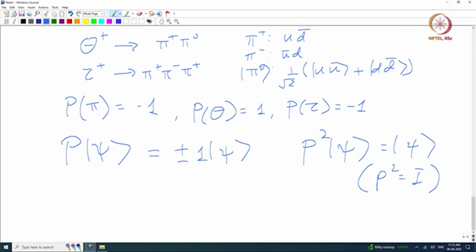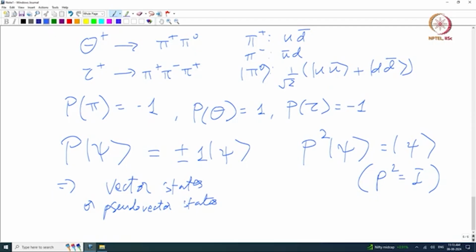So this tells me that I can have either real vector states or pseudo vector states, right? Vector particles, pseudo vector particles. Intrinsically they are vectors and pseudo vectors because of this.